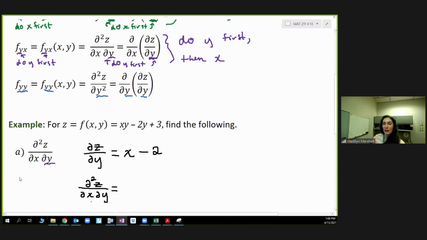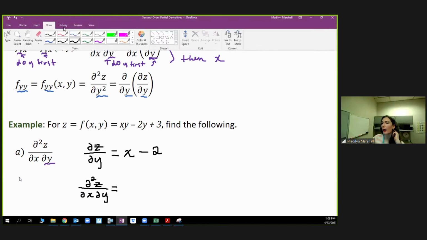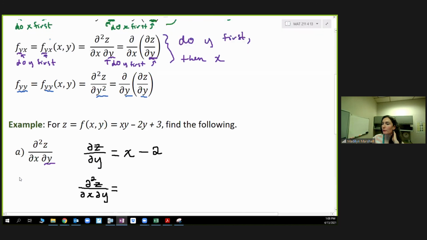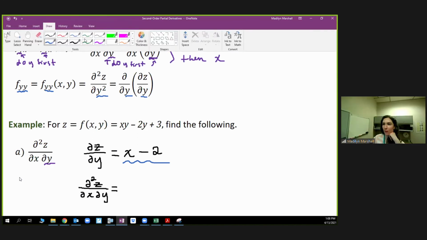So now we are going on to the x. So we need the partial derivative with respect to x. That would be y. So we don't have a y here anymore. Oh, gotcha. In that equation. Okay.